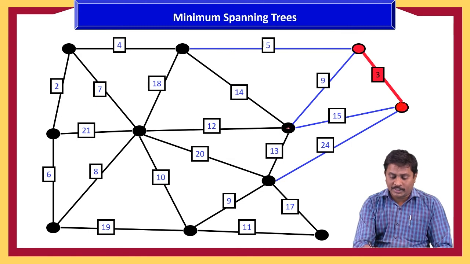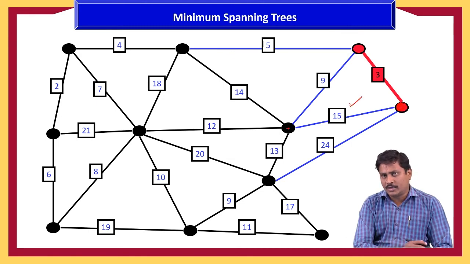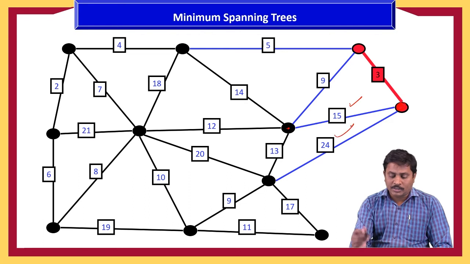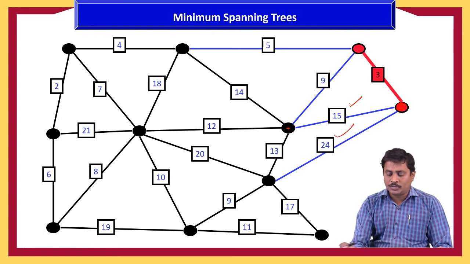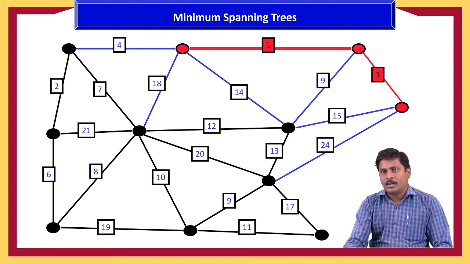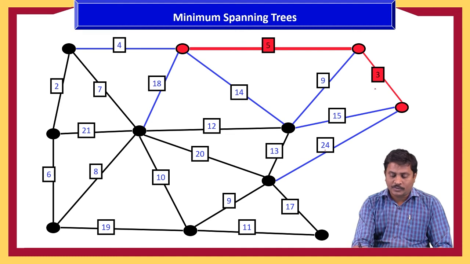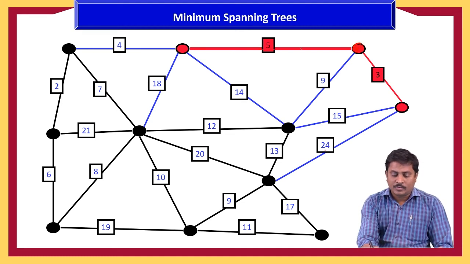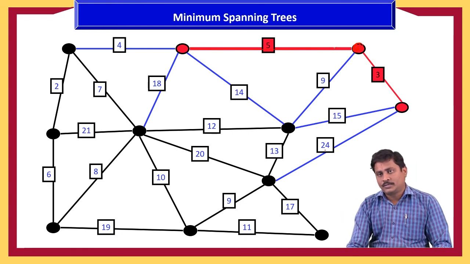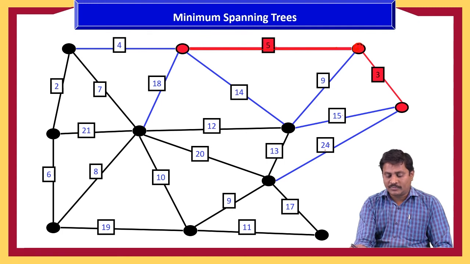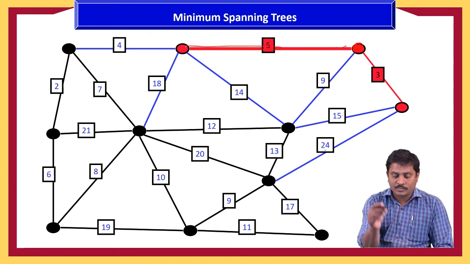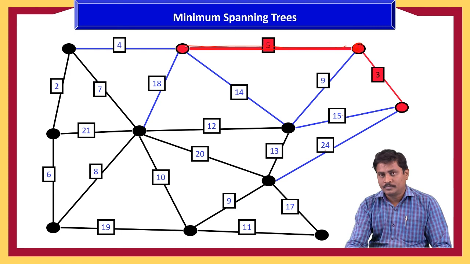This vertex connects with cost value 15 and with this vertex with cost value 24. Among these we choose the minimum edge. Here 15, 24, and this vertex also connects with cost value 5. We observe that 5 is lesser than 15 and 24, so we choose this 5.